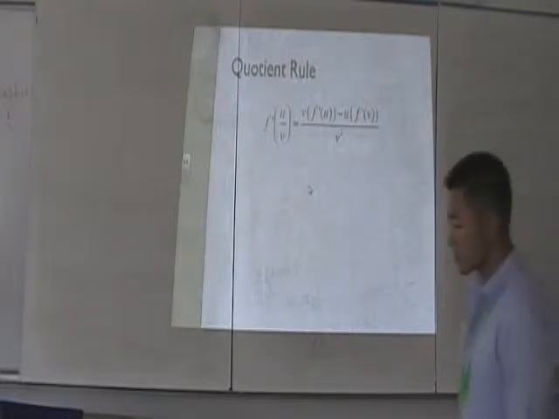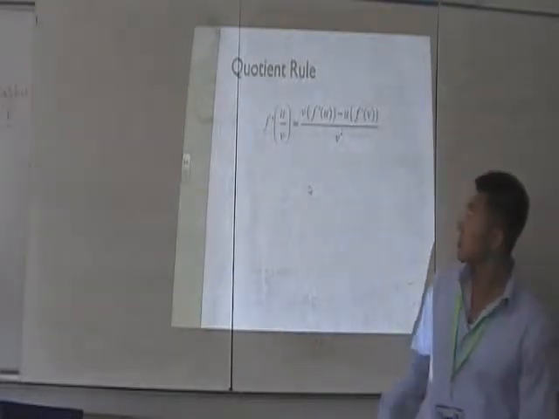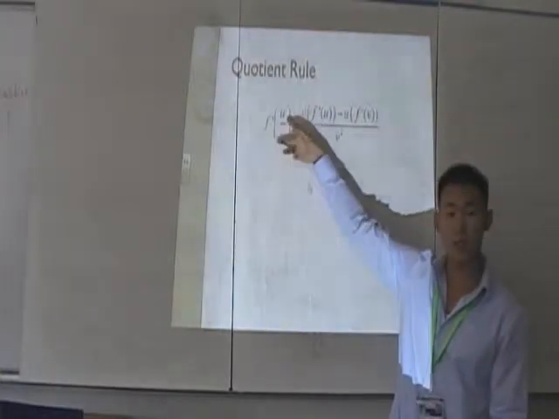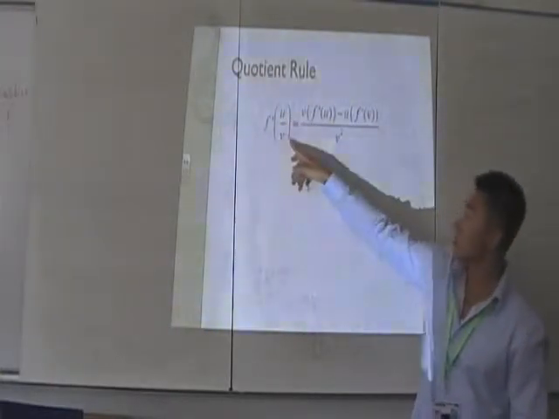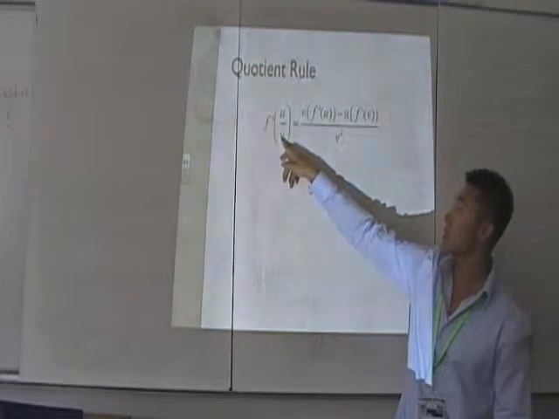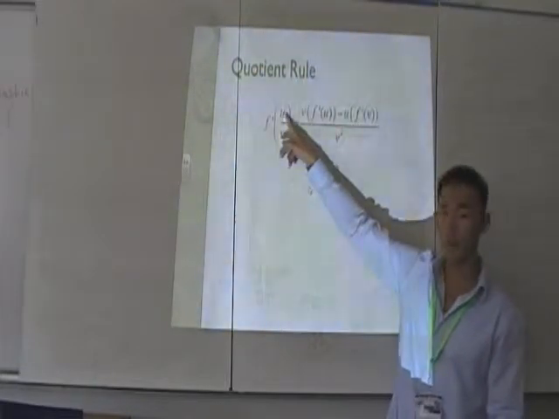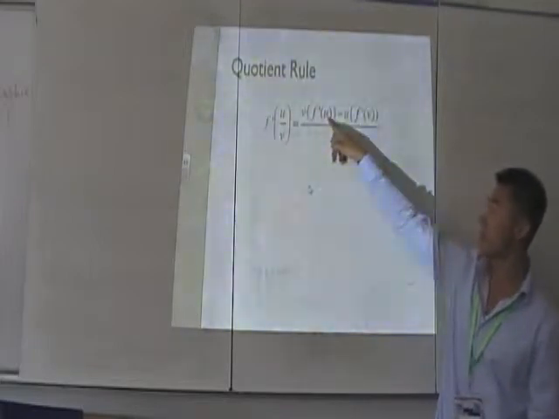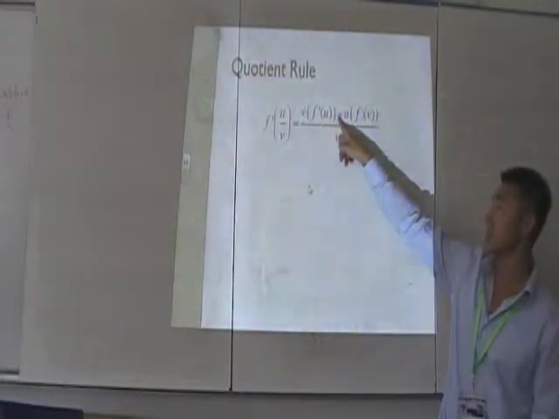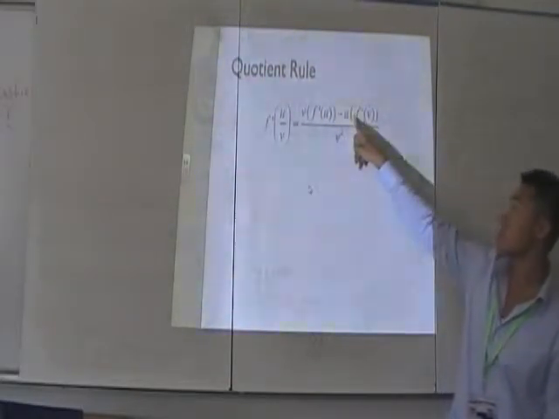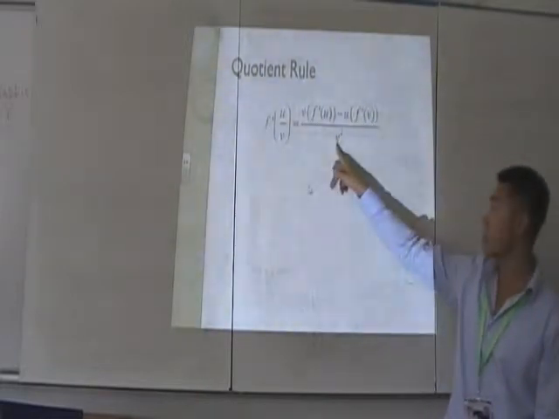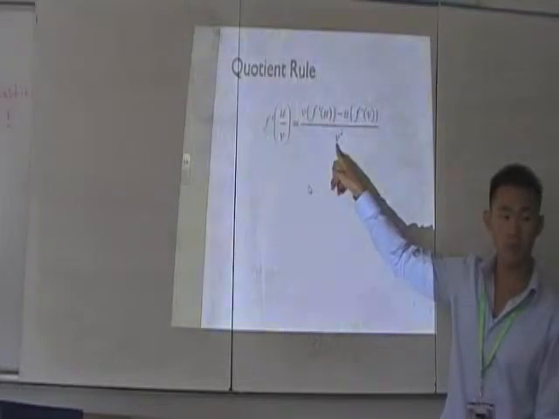Here's how this one works. You've got something divided by something else, so the quotient of something. It's going to be the bottom thing times the derivative of the top thing, minus the top thing times the derivative of the bottom thing, all over the bottom thing squared.